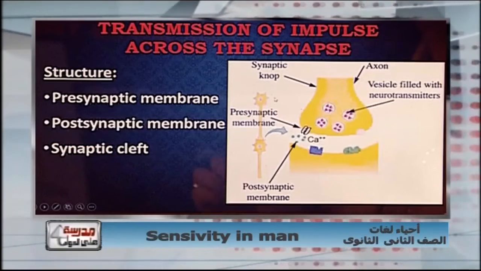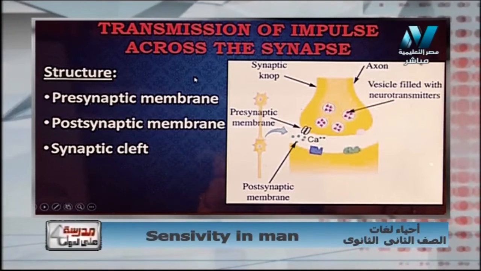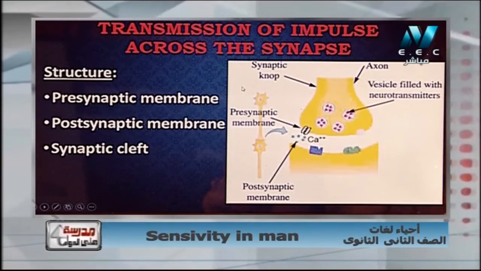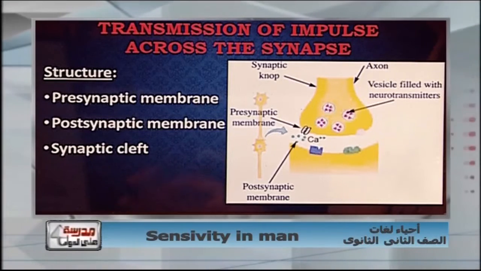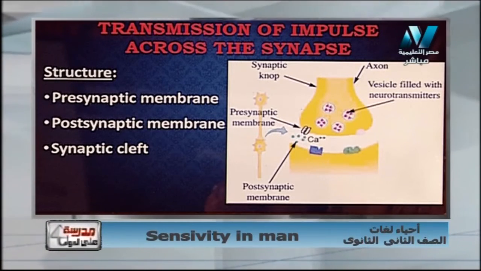Now we need to study how the nerve impulse, after it reaches the terminal arborization of one neuron, transmits to the neighboring cell or the next neuron.